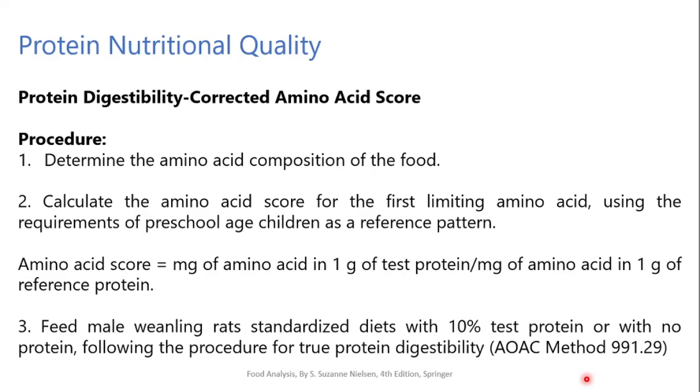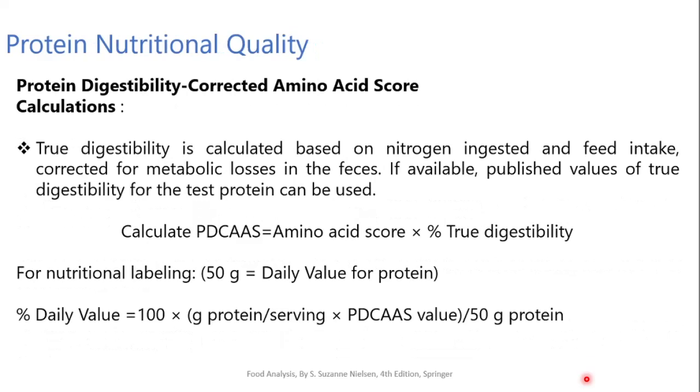There are some rats which have no protein source, meaning we have not provided protein to them. We can call it a standard, or we can say the blank. Then, following the procedure, we see what kind of changes are made. This method is mentioned in the AOAC, that is AOAC method 991.29.